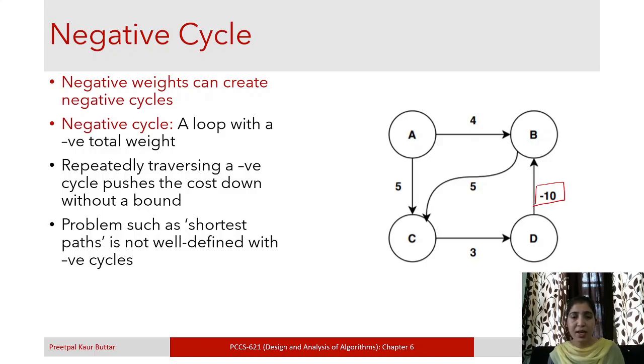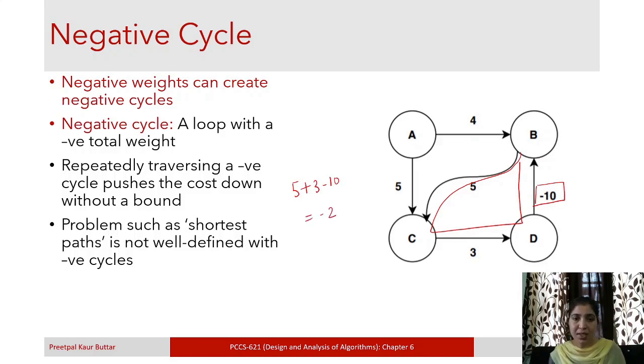Now let us analyze whether this graph also has negative cycles. Here is the cycle: B to C, C to D and D to B. The total weight here is 5 plus 3 minus 10, which is minus 2.